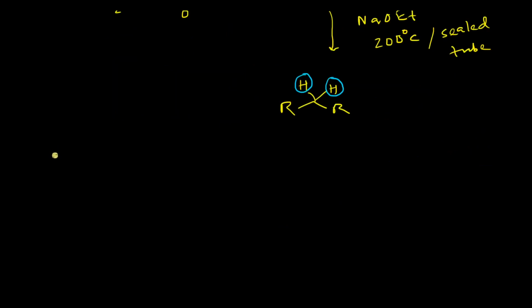An important modification for Wolff-Kishner reduction has been done, where sodium or potassium hydroxide is used with high boiling solvents.